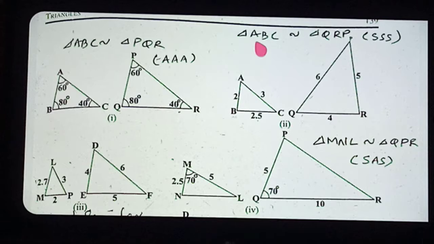AB by QR, now BC by RP, or PR, see here BC by RP, and AC by QP. Okay. So triangle ABC is similar to triangle QRP. So by which criteria? SSS criteria. This way we have to find out the correspondences and the criteria.